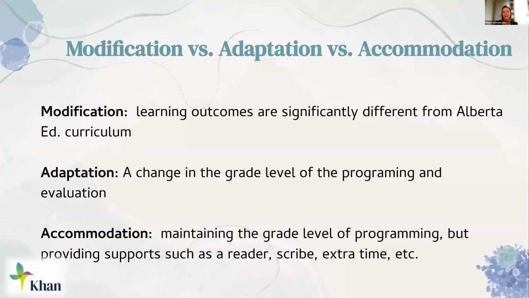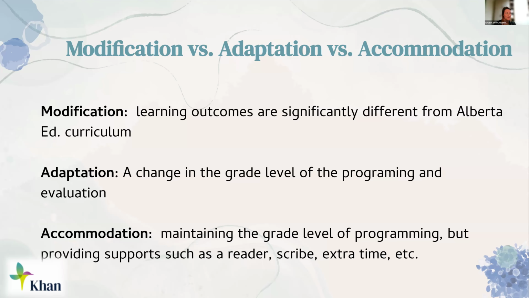So it's not that a grade 4 student can achieve all of the grade 2 learning outcomes. These would be students who really are scattered in their profile, and we're really individualizing things a lot. So on the report cards for a student who's on a modified program, there may be no grade or mark provided, and the student might be identified as not of graded curriculum or NGC.